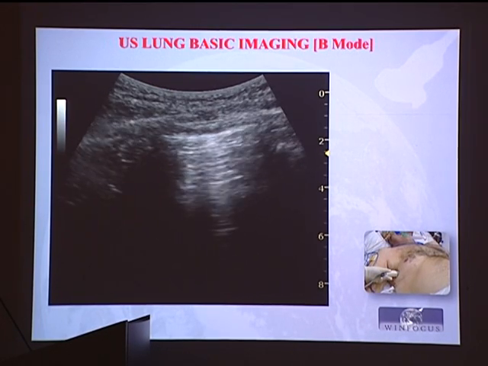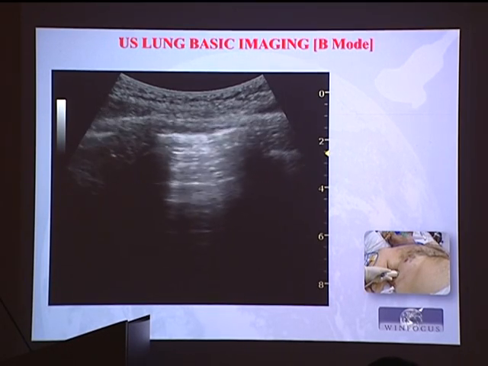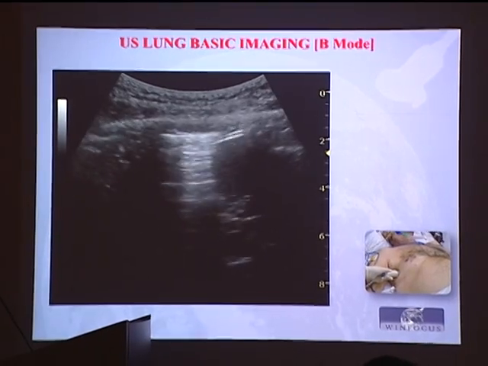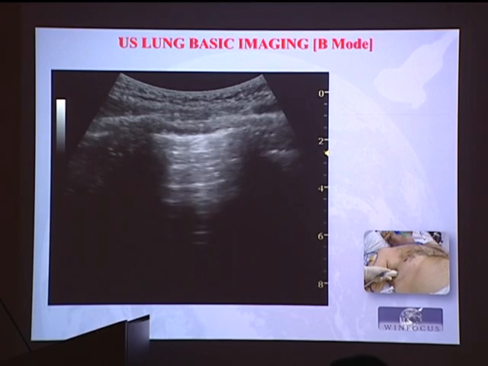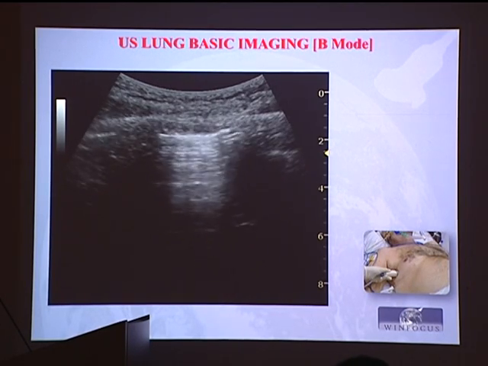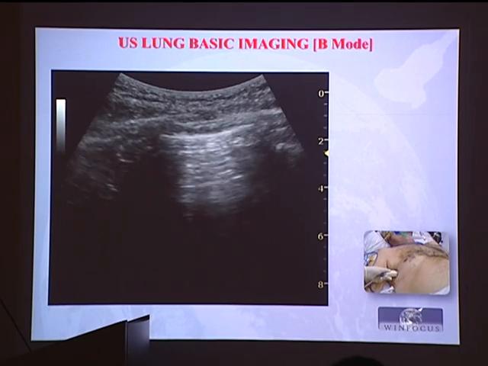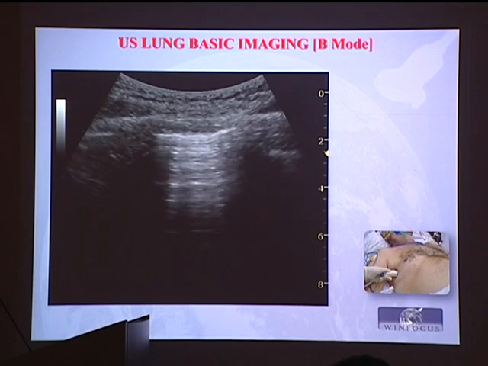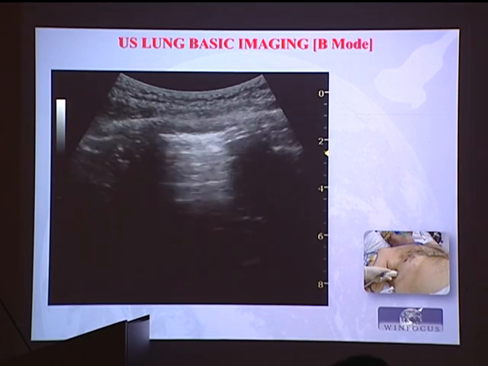So all the things that were overviewed by the previous lectures about physics, about the technique, is all of that appropriate? Is the image of enough quality for me to interpret it? Yes or no? Because if it's yes, you usually don't have to write anything, you move forward. But if it is not, you have to write down that the examination was limited for this.